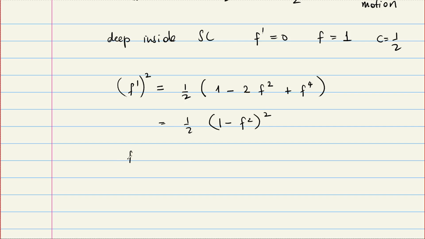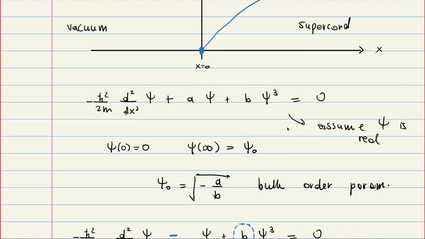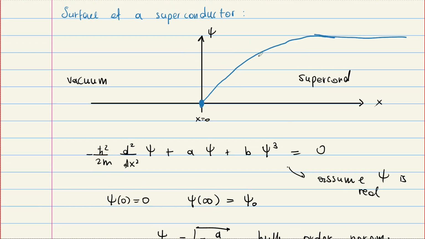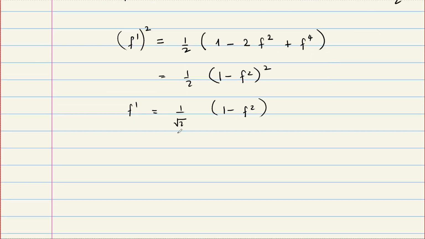Therefore f prime is equal to 1 over square root of 2 times 1 minus f squared. Sorry, f squared squared. And also I take the positive root, because deep inside the superconductor, if I put f equal to 1, this makes sense. In the geometry you can see I'm taking psi to be positive, and this derivative is also positive. So when I take the root here, I take the positive root.